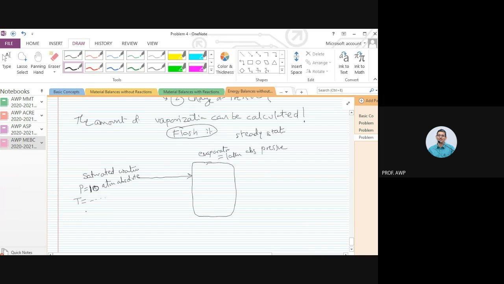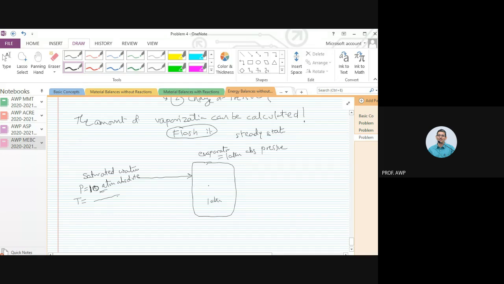Where will we get this temperature from? Steam tables. Correct, steam table. I will show you the steam table and we will actually calculate this value. Now suppose there is a sudden change of pressure from 10 atmosphere to 1 atmosphere.